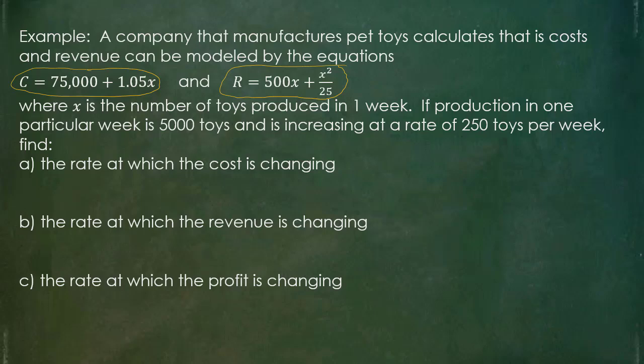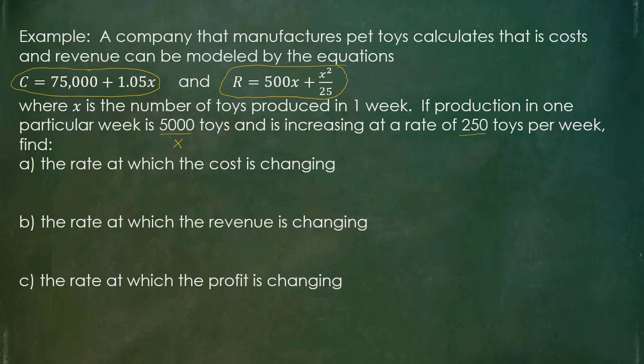So it wants us to then figure out if we have a specific week, if the production in 1 week is specifically 5,000 toys. So again, x is the number of toys, so that would be the x that I'm going to get to replace. And it's increasing, so positive 250 toys per week.